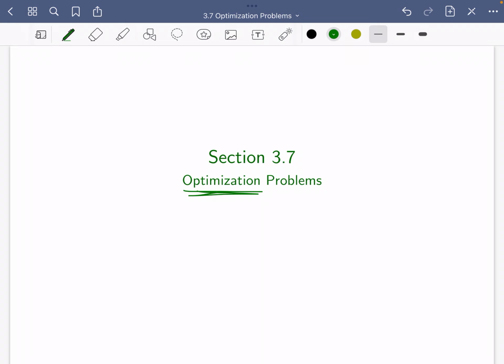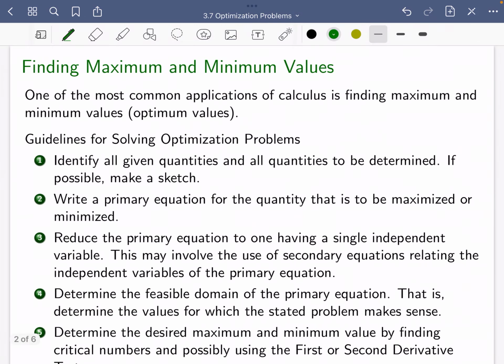If you're in a business, you're looking for the most profit or the cheapest expense. You might be trying to fence in the largest area of yard or use the smallest amount of fencing. That's what we're going to look at: optimization problems.